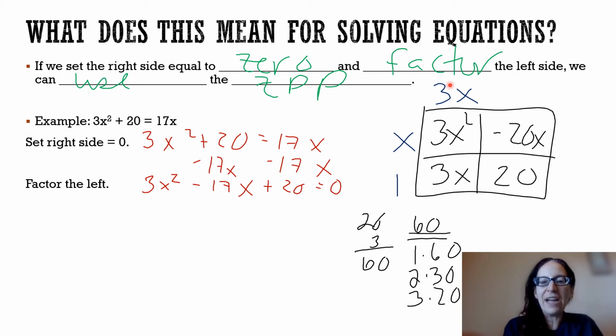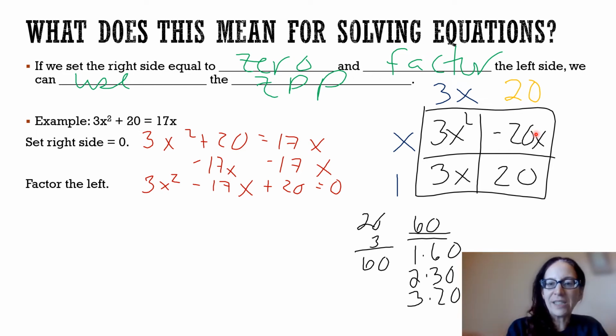So what I noticed as I was doing this is that my areas didn't check. So I was going to say, if this is 1 and this is 20, this would have to be a 20. Okay. Before I had a chance to write it, I noticed that this box doesn't check. 20 times x doesn't give me negative 20x.